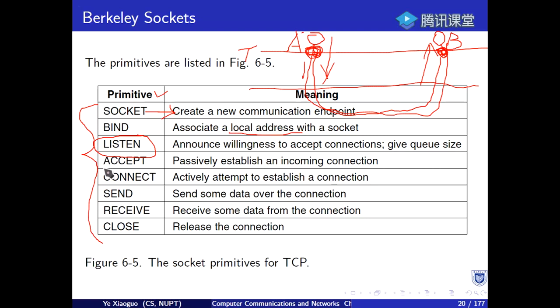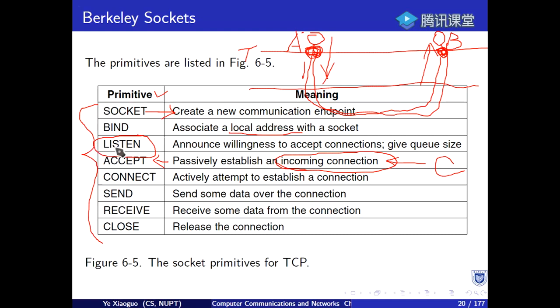The fourth primitive is accept. Accept is also a primitive at the server end, and it passively establishes an incoming connection. An incoming connection request comes from the client and is accepted by the server, right?